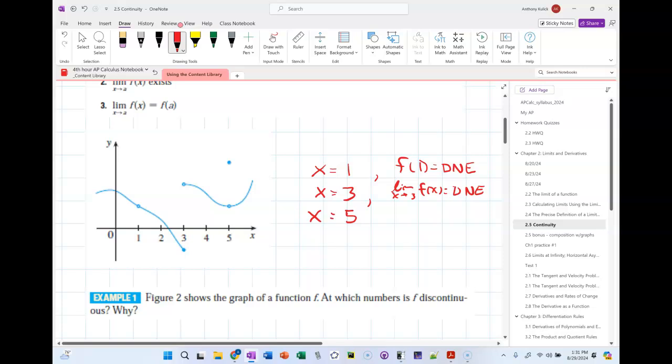Okay. And what's the problem at 5? At x equals 5, what's our problem there? The third one, that the limit doesn't equal the y-coordinate, right?